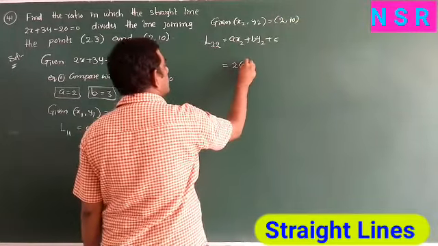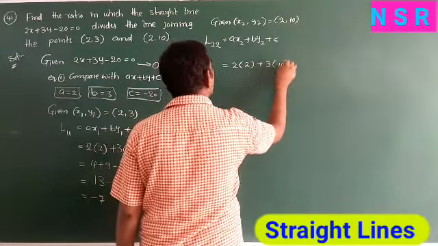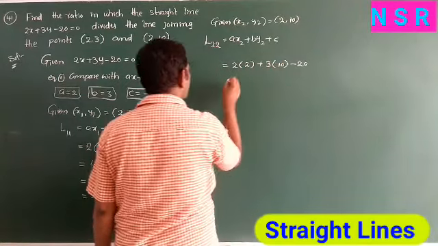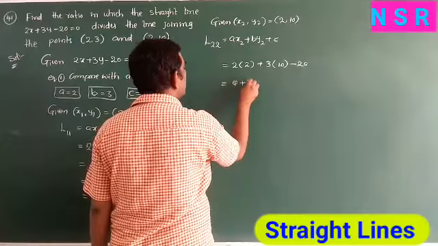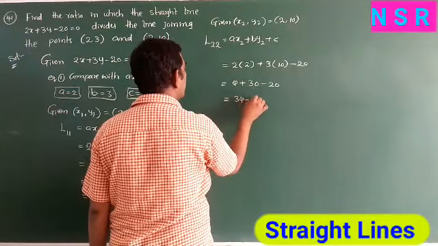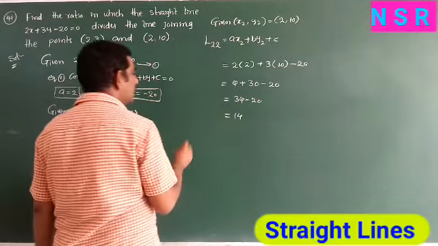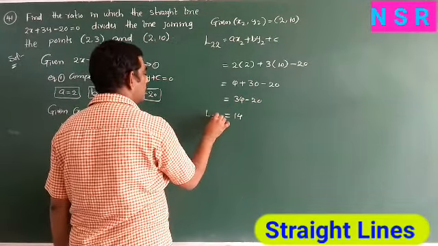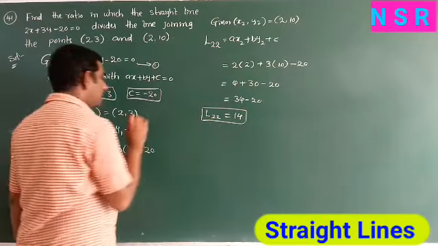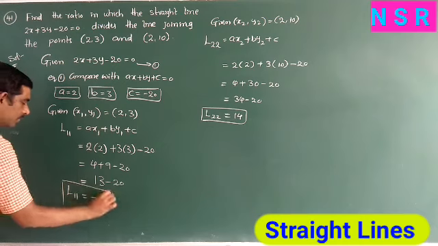So x2 value 2, b value 3 into 10, minus 20. So 2 twos are 4, 3 into 10 is 30, 30 plus 4 is 34, minus 20 equal to 14. So this is L22. So L11 equal to minus 7 and L22 equal to plus 14.